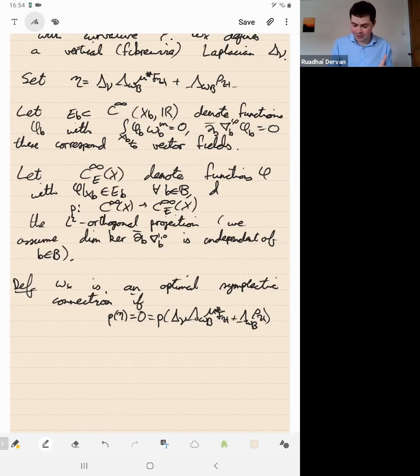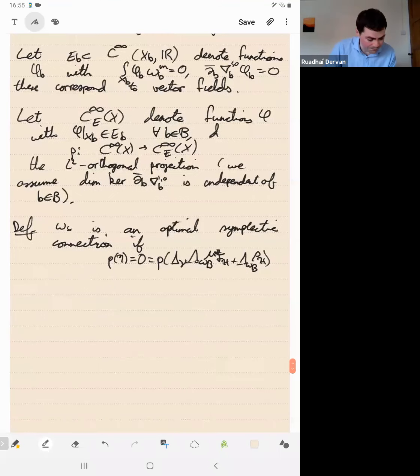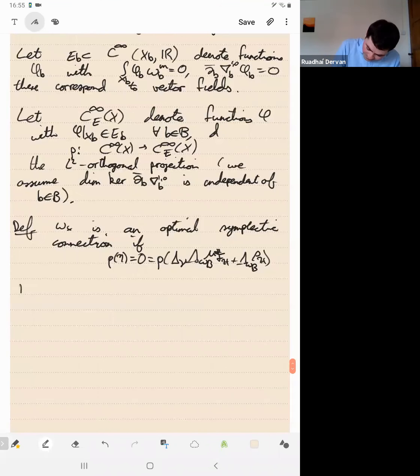So you take your function, you only really care about holomorphic vector fields on the fibers, so you project onto an appropriate subspace of functions, you ask that that is 0.